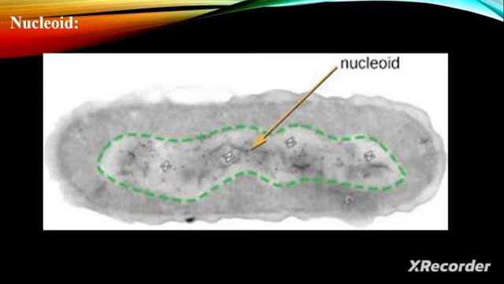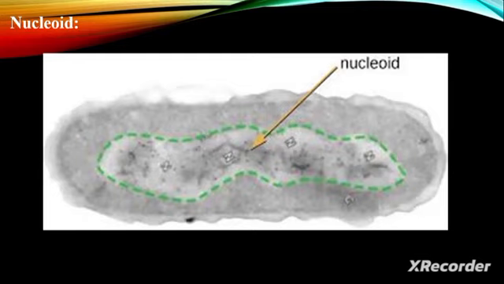Now you can see in the picture, the nucleoid is in the central position of the bacterium.